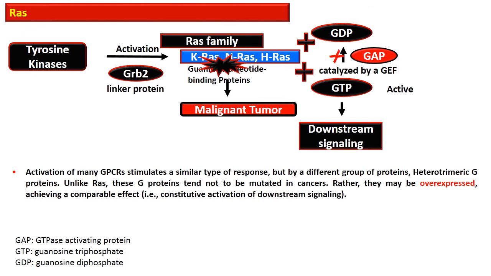This mechanism is involved in activation of many G protein coupled receptors, and the proteins are different. Unlike RAS, these G proteins tend not to be mutated in cancer, but they may be overexpressed, and hence they achieve the desired effect, that is the constitutive activation of the downstream signaling.